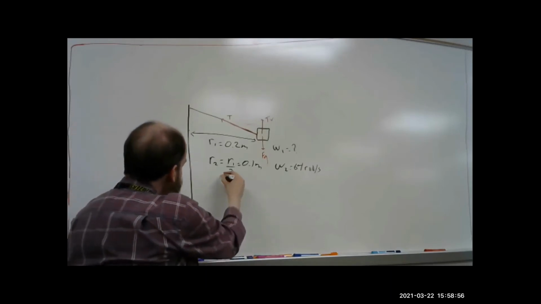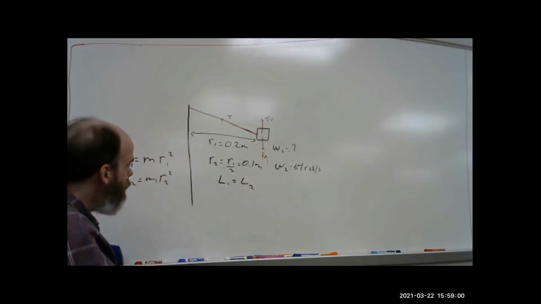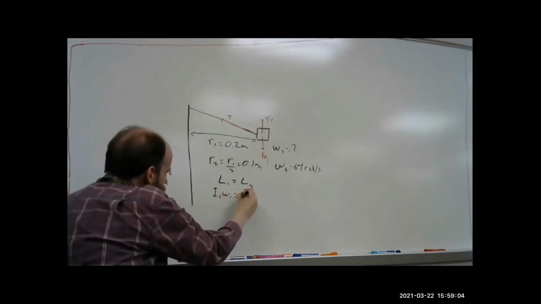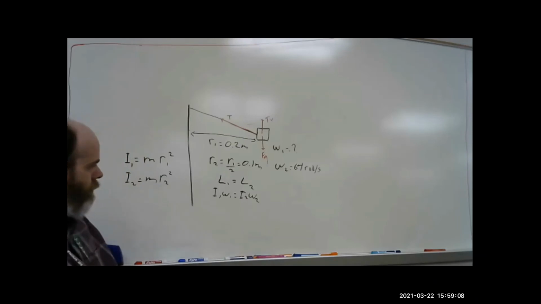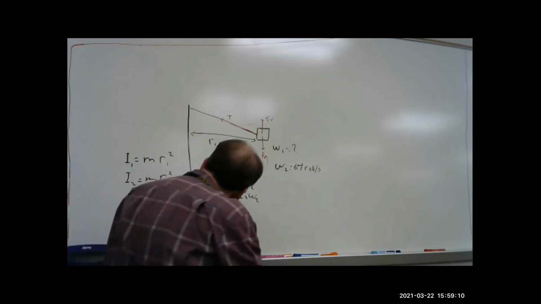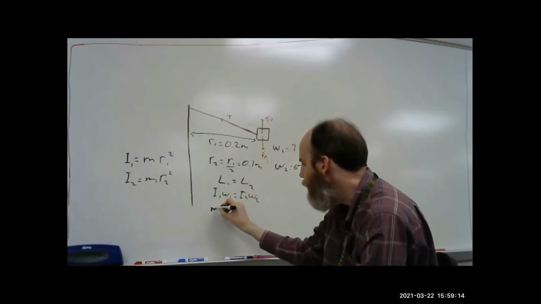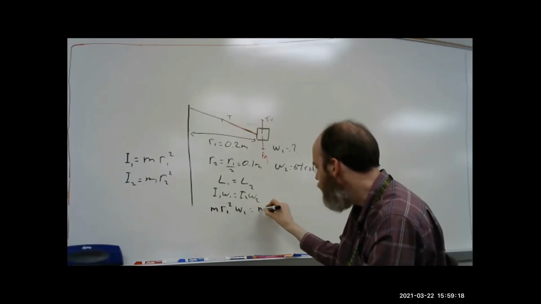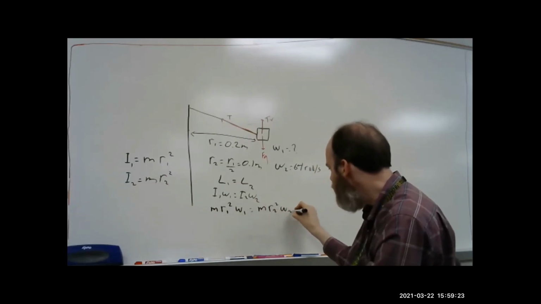So L1 equals L2. Angular momentum is conserved. Therefore, I1 omega 1 equals I2 omega 2. Now let's put in what the I's are. So we have m R1 squared omega 1 equals m R2 squared omega 2.